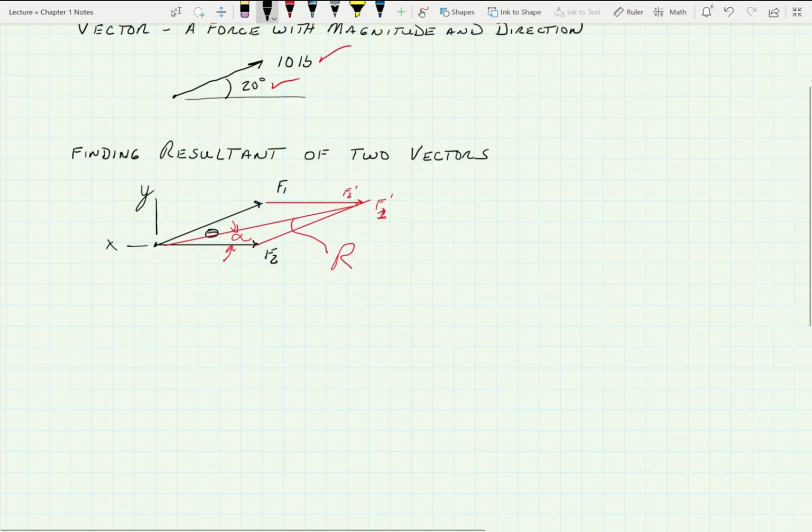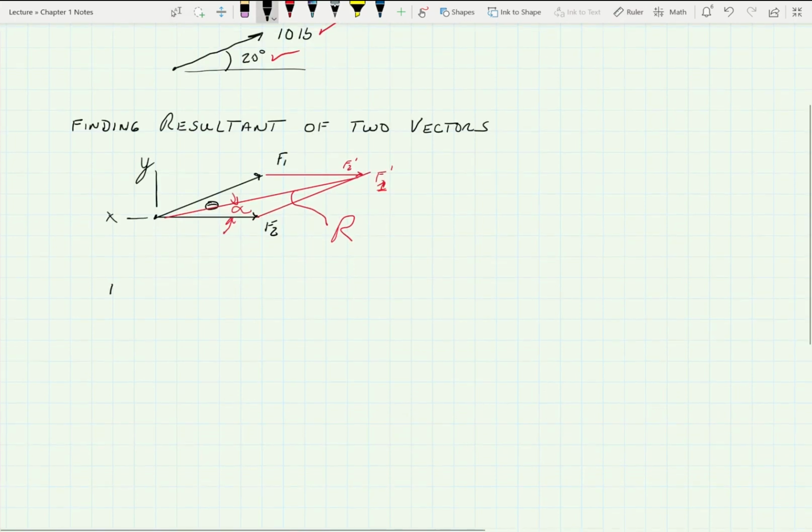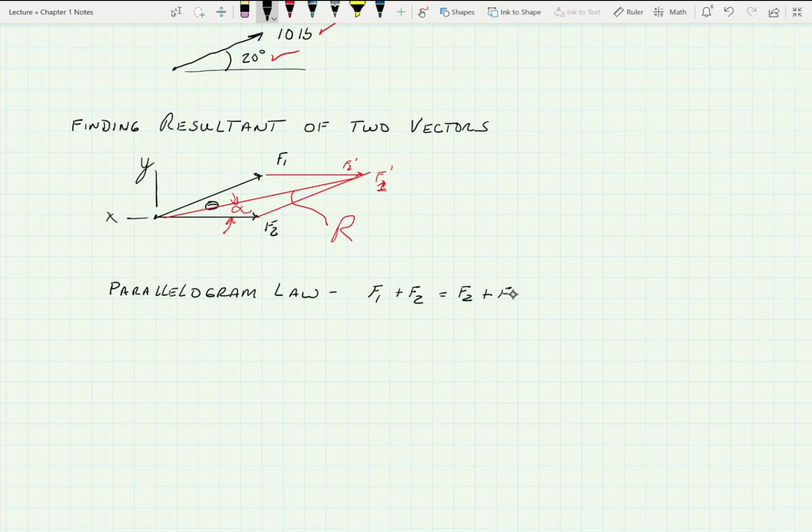Let's write the rule down. Okay, so parallelogram law is F1 plus F2 is equal to F2 plus F1.